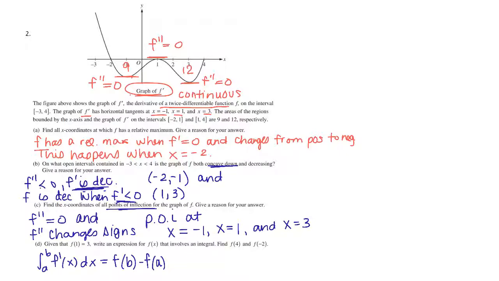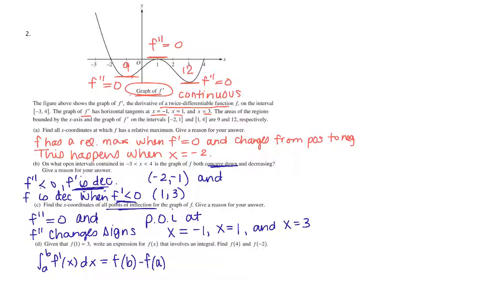So you've got a dual meaning going on here. What are you finding when you integrate? Area under the curve. Well, do I know anything about area under the curve here? Yes, you were given that. You marked it on your graph. So maybe we can figure out how to put all of this together, okay?